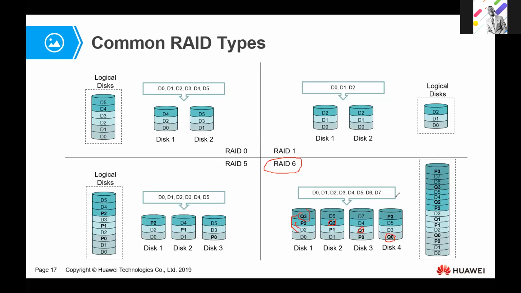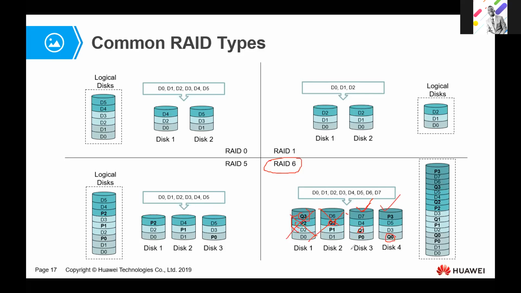Common RAID 6 technologies include PQ and DP. The two technologies use different methods of obtaining verification information, but both allow data loss on two disks in an array. Since it has two parity checks, we can afford losing two disks in an array and still have our data up and running.